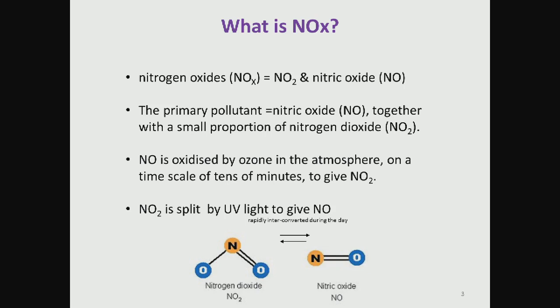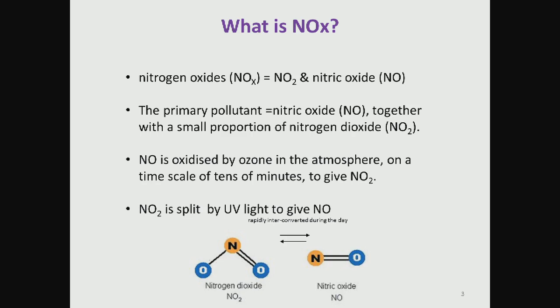But usually the NO2 is at much, much higher levels than NO. NO only exists for a very short period of time before it's converted to NO2. NO is more phytotoxic, toxic to plants, than NO2, but luckily it doesn't usually exist for very long in the environment.